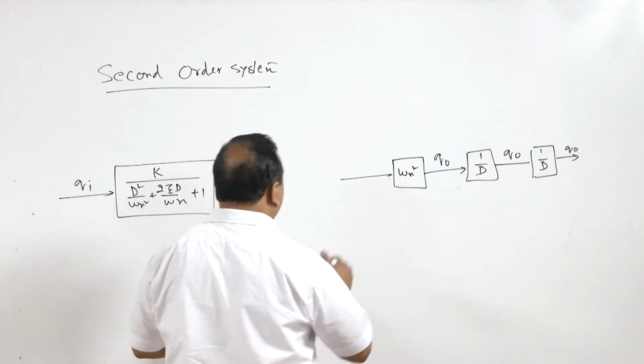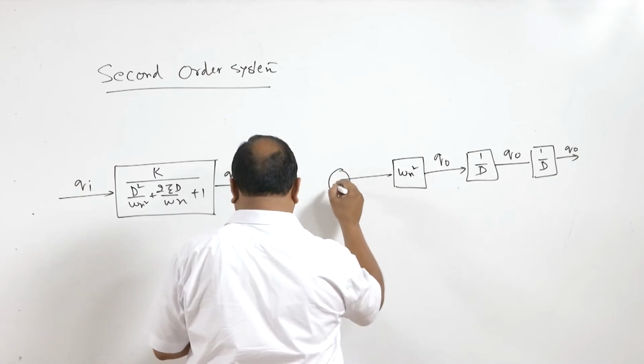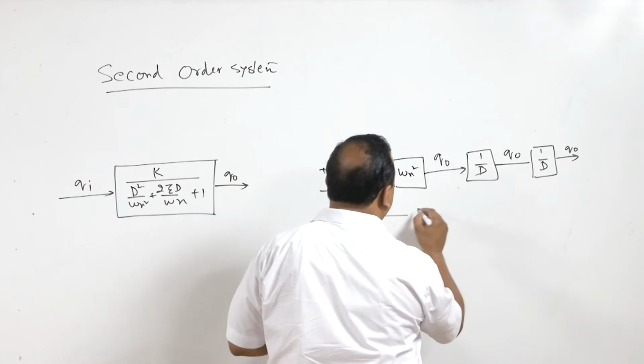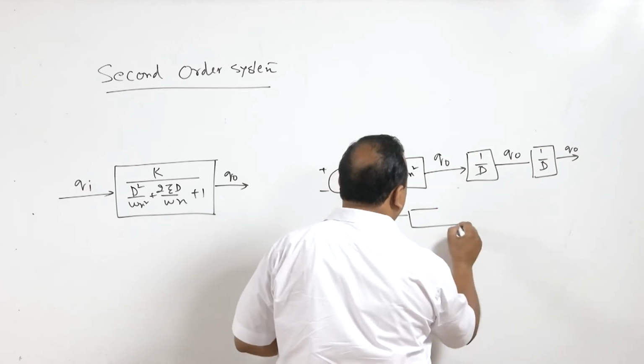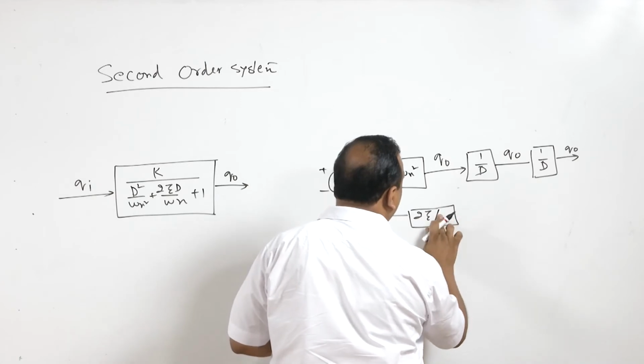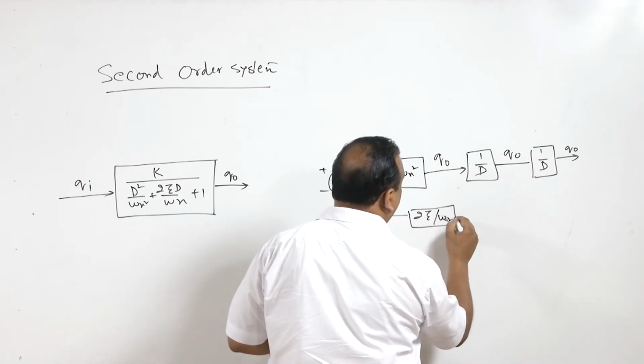Now we will connect this here with minus and plus, and after the first differentiation, 2 zeta omega n is connected here.